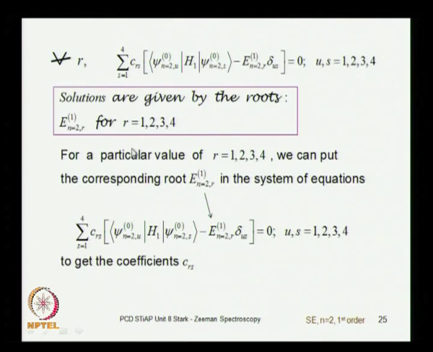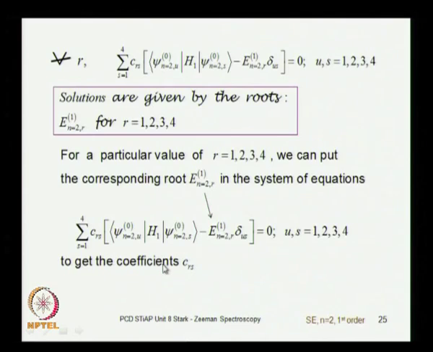So, this is the system of equations that we want to solve, and the solutions are given by the roots of this equation. So, what you will do is, for each value of r, after you get the roots of the equation, you put those roots in and then get the coefficient c.